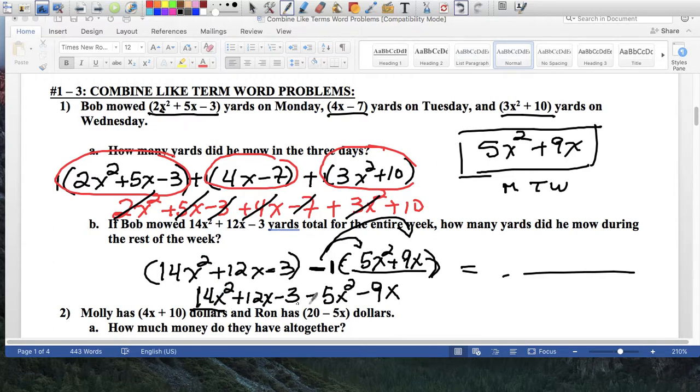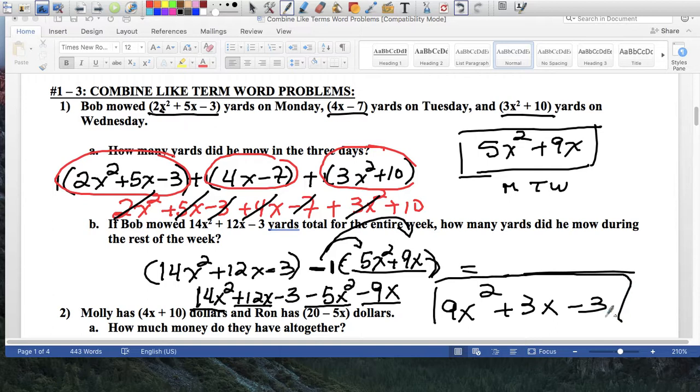I have something with an x squared here and something with an x squared. It's 14x squared minus 5x squared, which gives me 9x squared. 12x positive minus 9x is going to give me plus 3x. And lastly, minus 3. So this is how much he mowed on Thursday, Friday, Saturday, and Sunday. Okay.